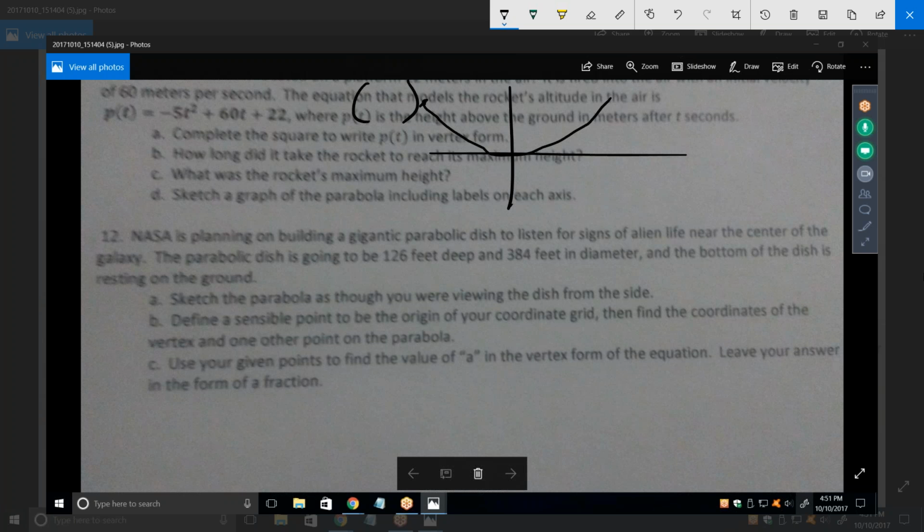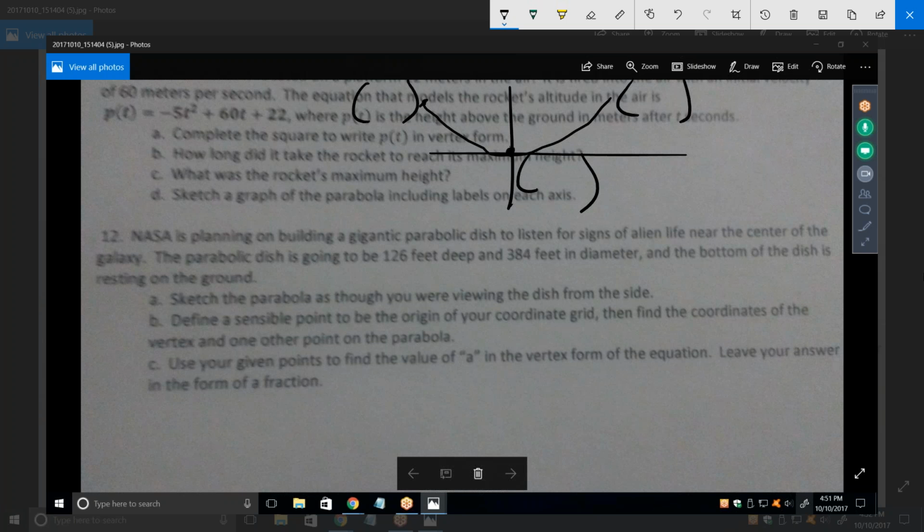Can you give me the coordinates of these 3 points? Upper left. What's that going to be? The diameter's 384. That means it's 384 from my left point to my right point.